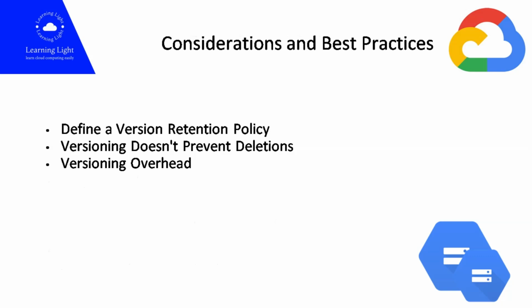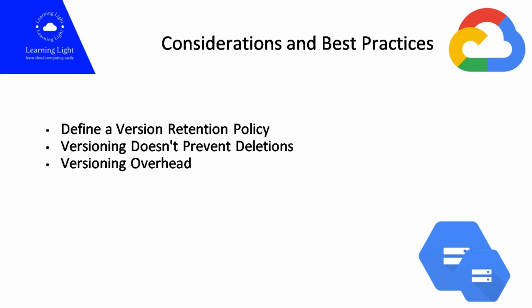Define a version retention policy. Determine how long to retain older versions based on your data lifecycle requirements. Implement lifecycle management rules to automatically delete older versions to manage storage costs. Versioning doesn't prevent deletions. GCS versioning doesn't prevent the deletion of the entire bucket, including all versions.